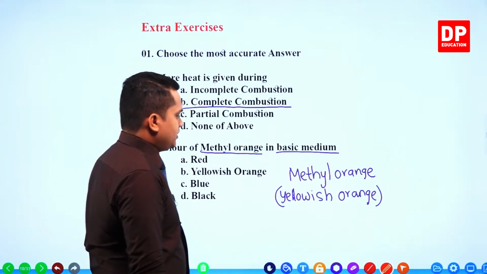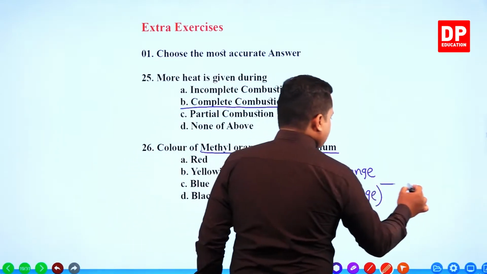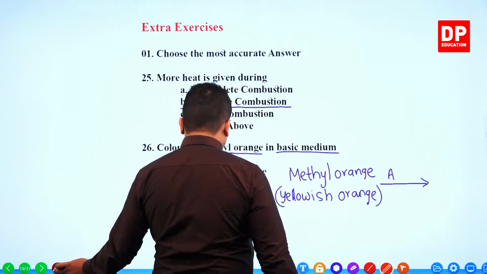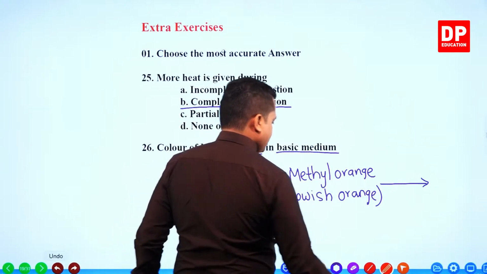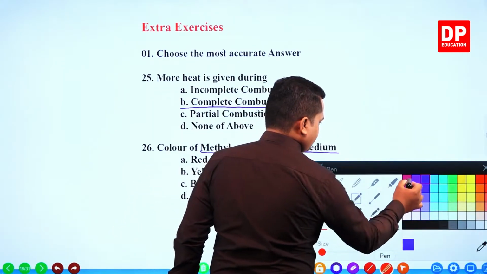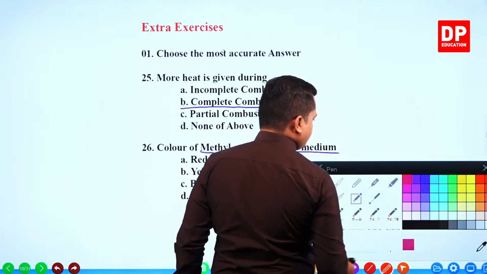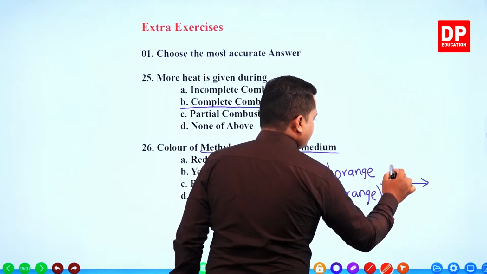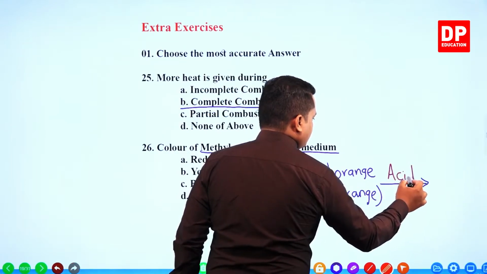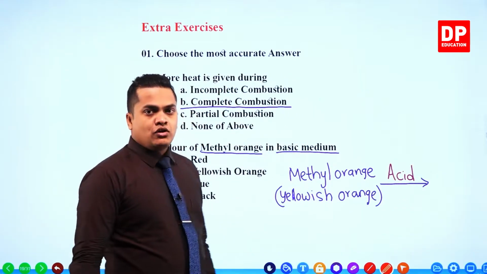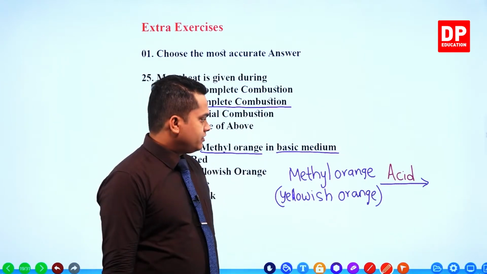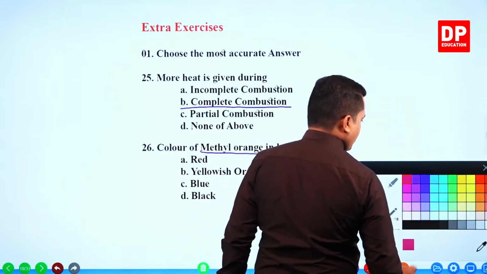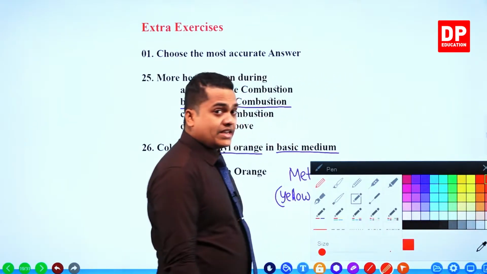With the presence of an acid, the color of methyl orange is converted into a wonderful red color.